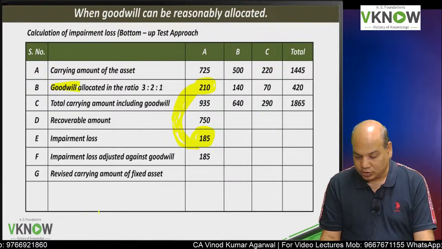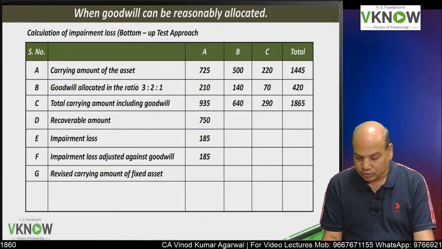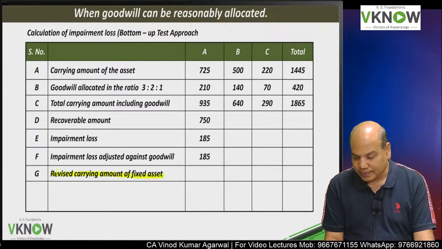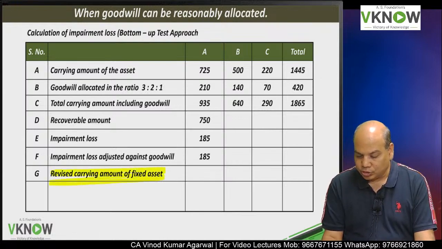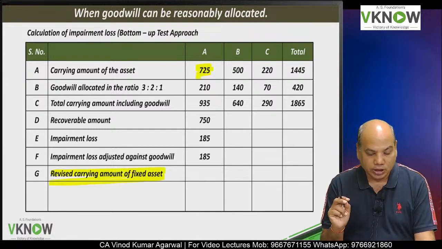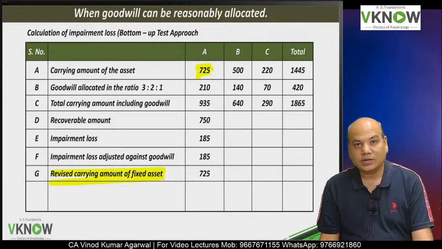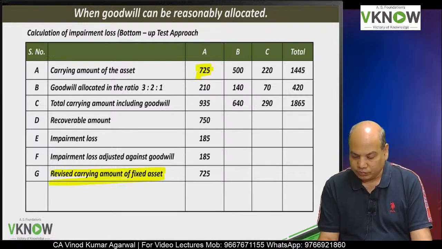After adjusting impairment loss towards goodwill, let us recalculate the revised carrying amount of fixed assets, 725. Did we allocate anything towards fixed assets? The answer is no. So this will remain 725 only.